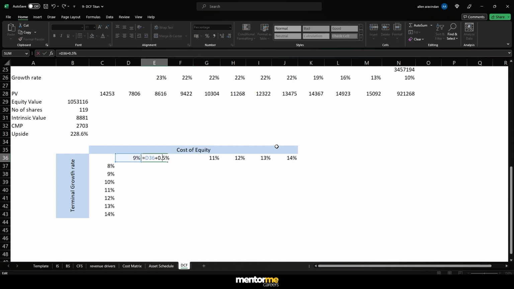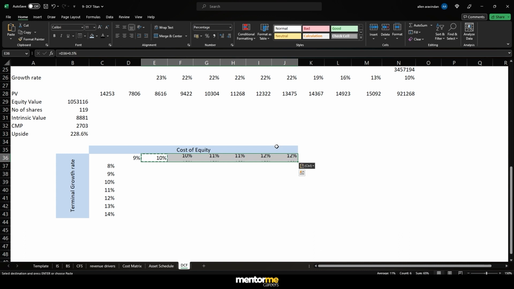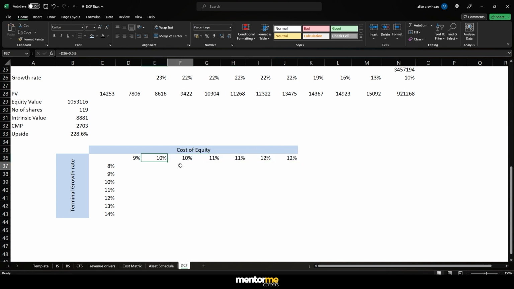I'll just try to keep a little slow because it won't make any sense. It is just trying to get values more than the terminal growth rate, otherwise the calculation will get into an error.